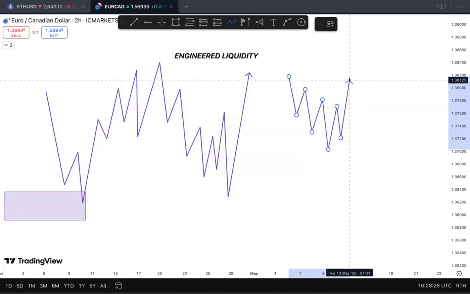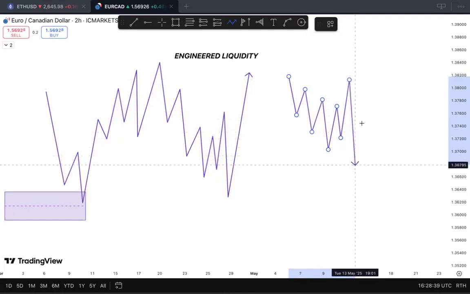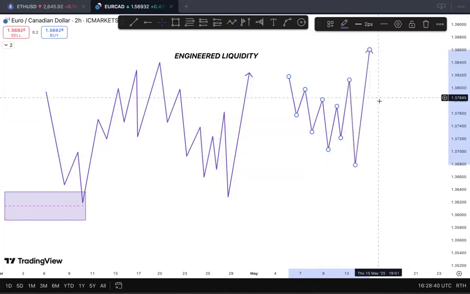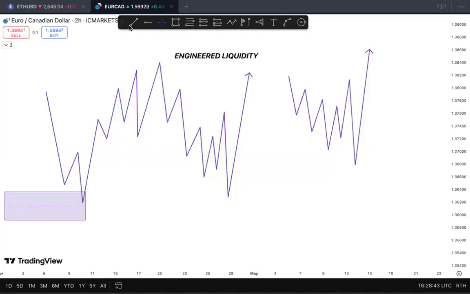And then it will give you a structural liquidity kind of form. And then it will sweep this and then boom. What does that mean? This point will be protected.